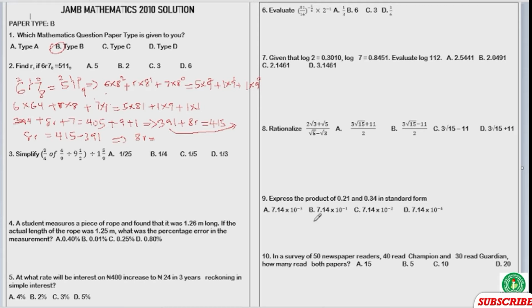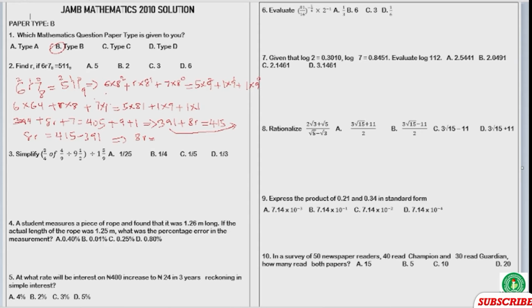You can quickly press it on the calculator, so that's why the calculator is given here.